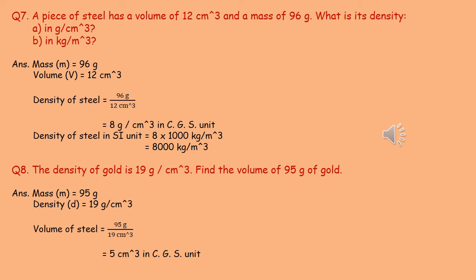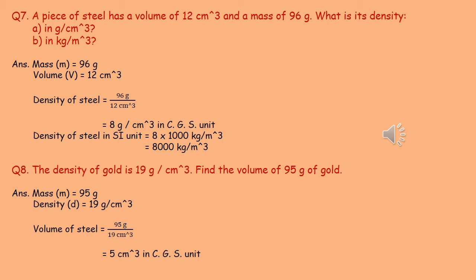Volume V is equal to 12 centimeter cube. Density of steel will be mass by volume, so 96 by 12, that is 8 gram per centimeter cube. Now we know that when we are converting density from CGS to SI unit, we have to multiply with 1000. So density of steel in SI unit will be 8 into 1000, that is 8000 kg per meter cube.